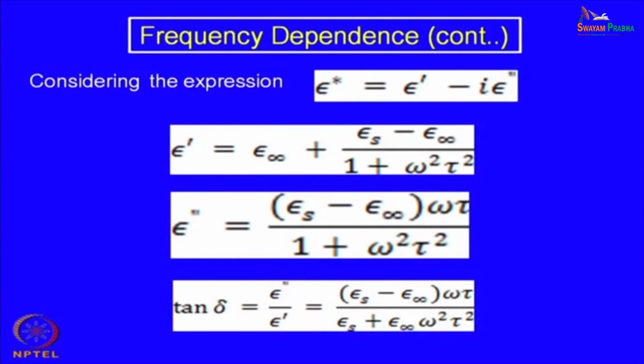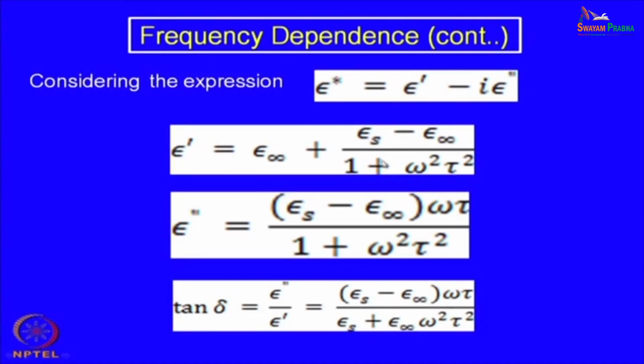So, these are a few more equations. We know any complex quantity can be represented in this manner, with a real part and an imaginary part, and the earlier equation can be subdivided into these components. Here we are trying to find the real part of the permittivity as a function of, once again, two quantities, epsilon infinity and epsilon s.